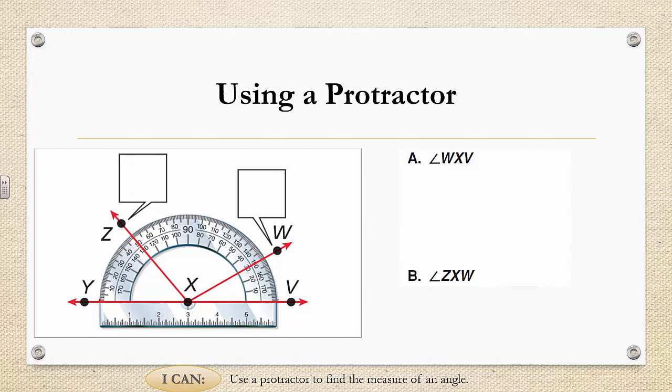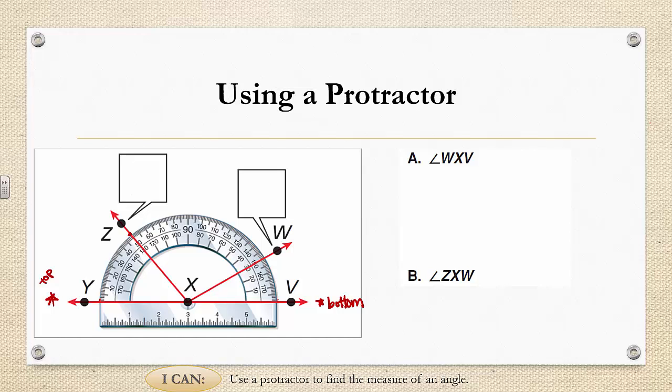Now, depending on what side you start with, if you start over here, you're going to use the top. And then if you come over here and you start here, you're going to use the bottom numbers. Most of the time, we line up one of our rays with the bottom part here just to make it easy to measure how high we're going. If this starts at 0 and I go up here, I know that it's 50 degrees.